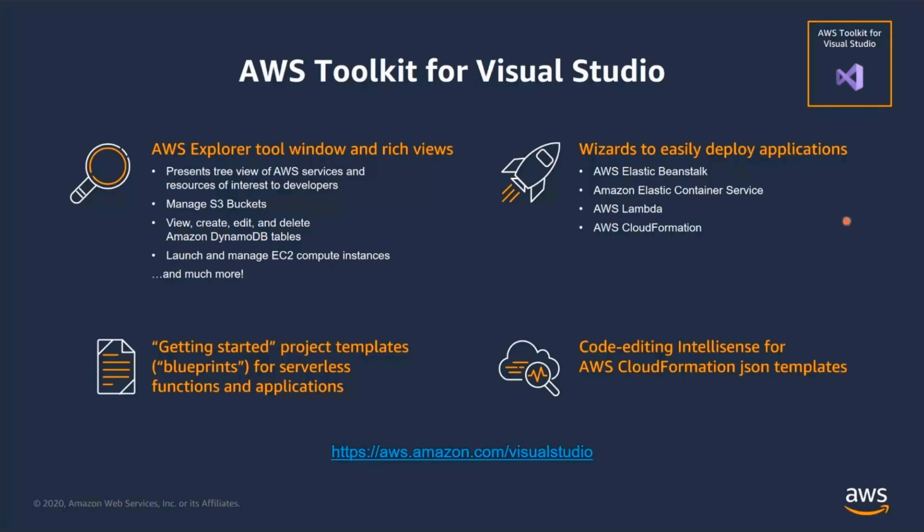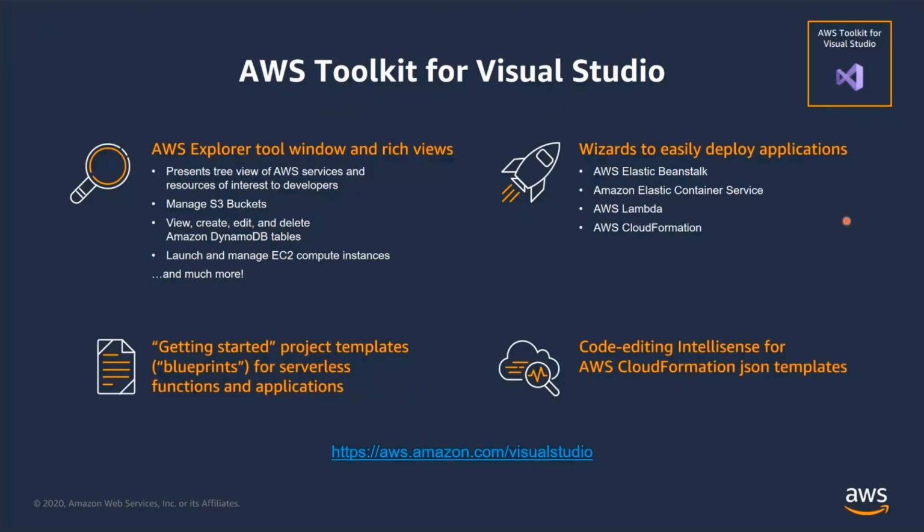We have wizards for deploying to Elastic Beanstalk, to Elastic Container Service, to Lambda, and for CloudFormation. You'll see in the demo there we have getting started blueprints to help expedite your building those applications.